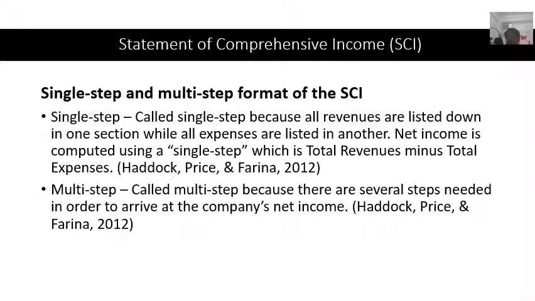Single step income statement ang tawag dahil practically isang step lang ang gagawin mo para ma-determine yung net income. So anong gagawin lang? Ililist mo lang yung revenue, tapos ganun din sa expenses, list din ng expenses, and then yung total expenses will be deducted sa total revenue.